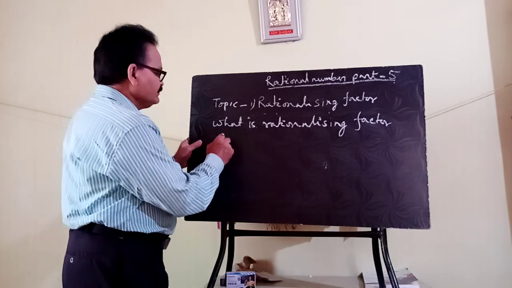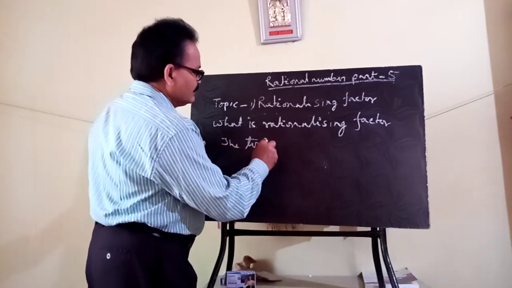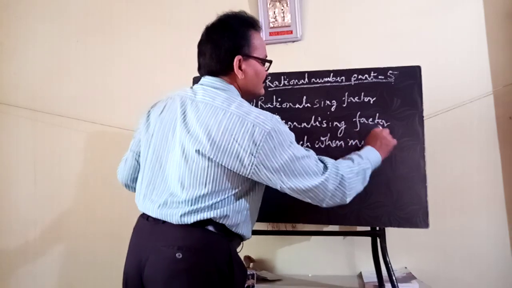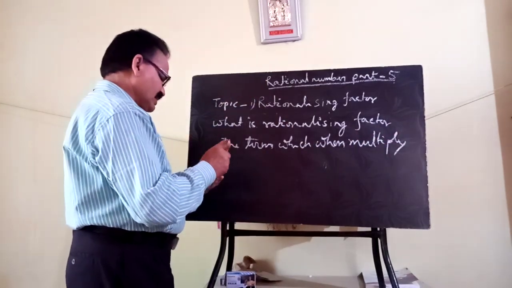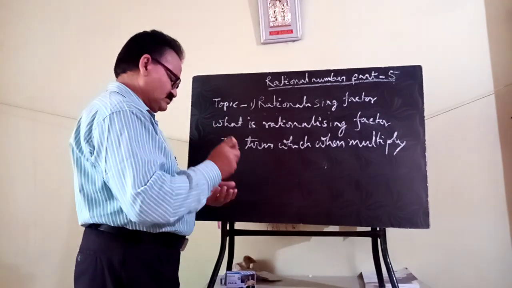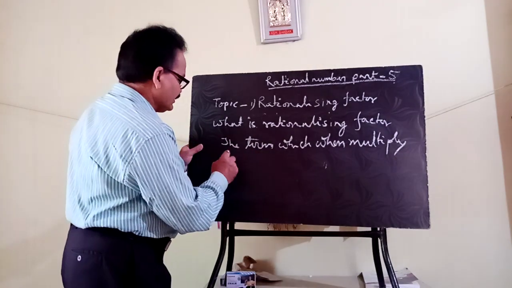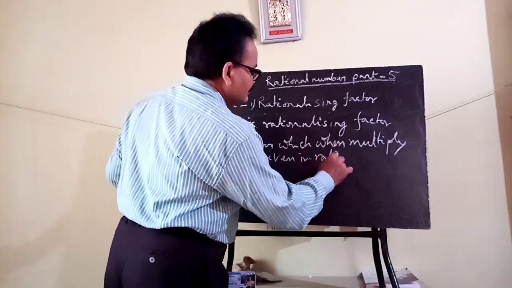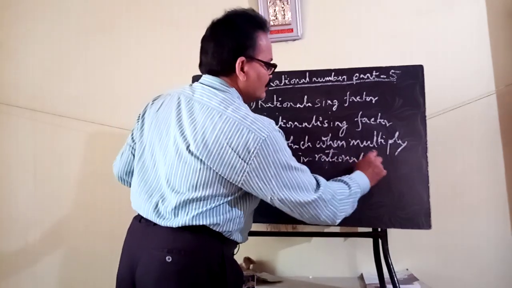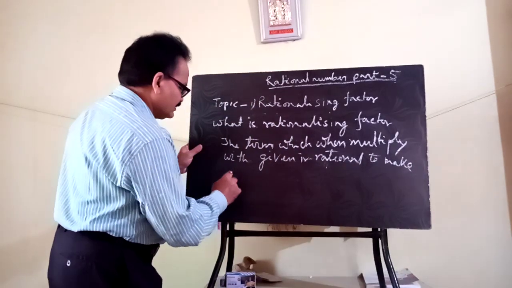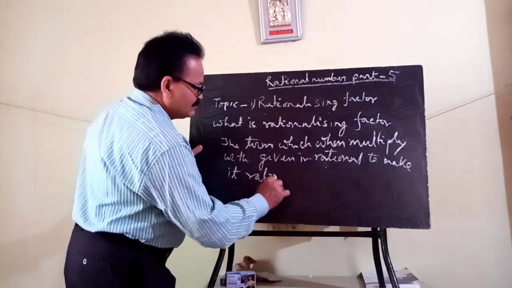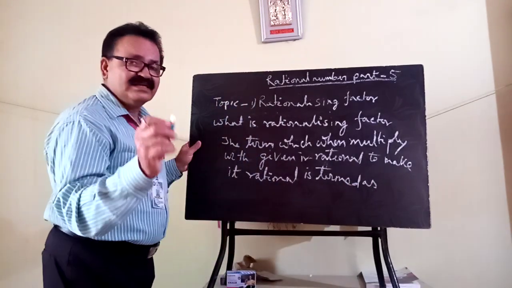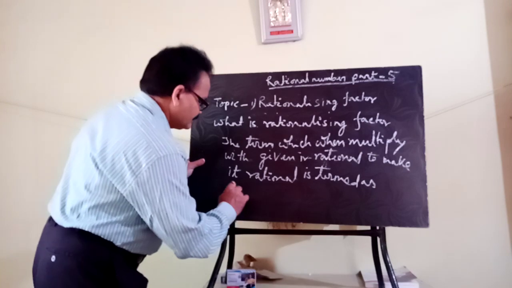Clear? The term which when multiplied with the given irrational number to make it rational is termed as rationalizing factor.